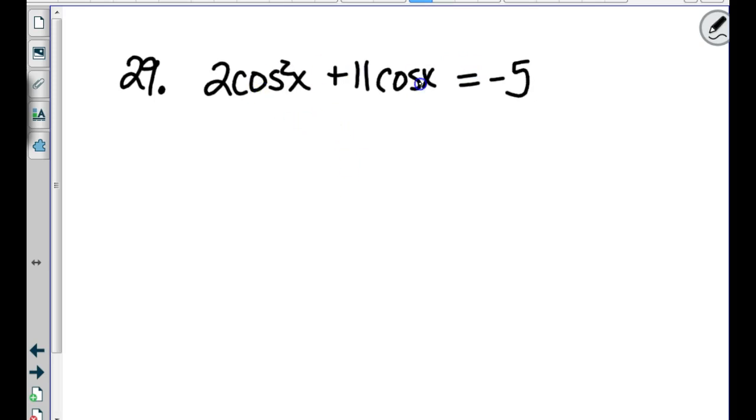Somebody would take out a cosine of x on this left side. Why can you not do that? You can only factor things out if it equals 0. If it does not equal 0, taking out a factor doesn't help you. So I'm going to make this equal 0.